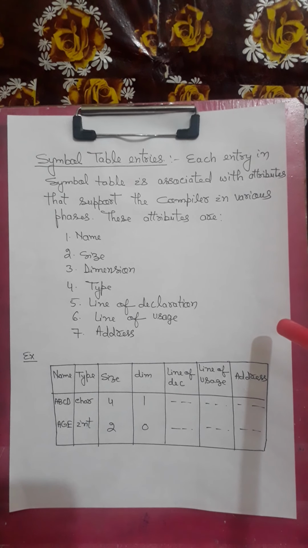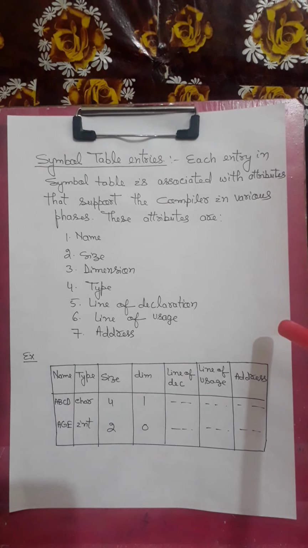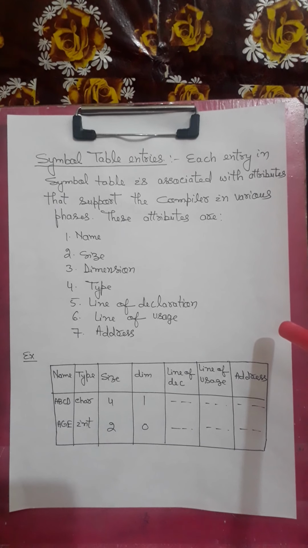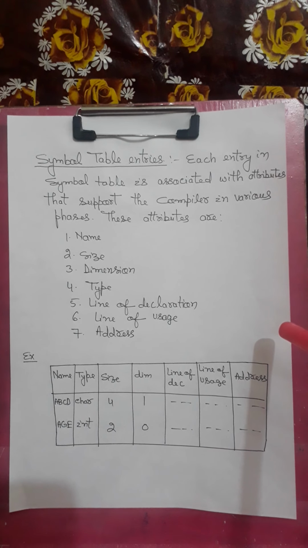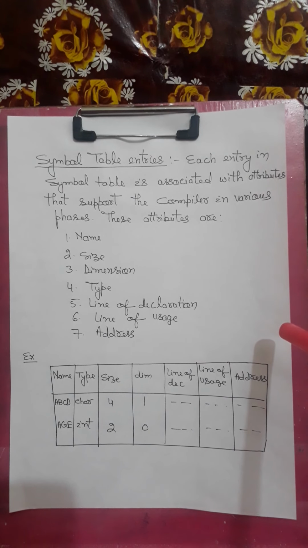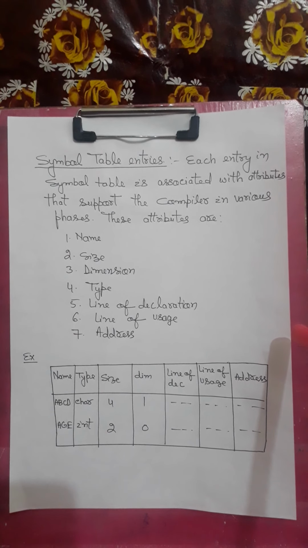These data structures are used to create the symbol table. So the symbol table plays a very important role in compiler design. And the symbol table is bidirectionally connected to all the phases of the compiler. Similarly, it is also bidirectionally connected with the error handling capability of the compiler.